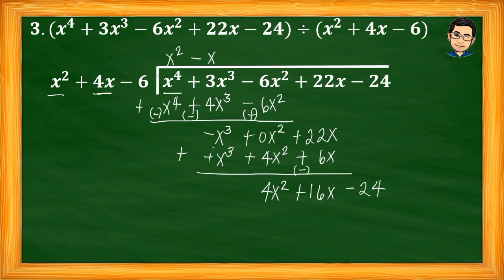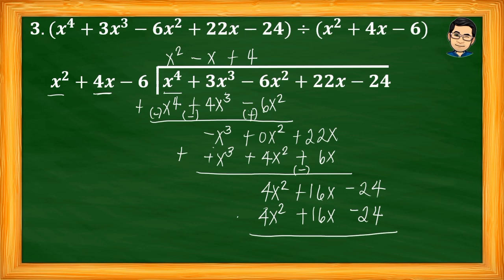Finally, 4x squared times x squared. So, makakancel na yung x squared. Matitira na lang po is 4. And then, 4 multiply to x squared plus 4x minus 6. That is 4x squared plus 16x minus 24. And then, subtract natin yan.